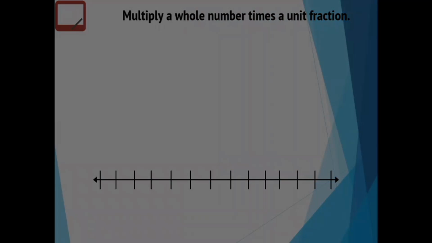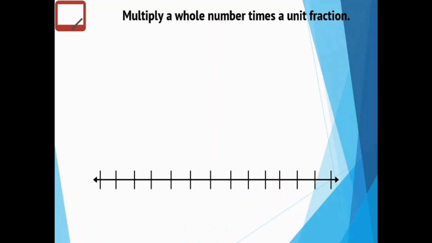Well, let's get started looking at how this works with fractions. So instead of doing 6 times 2, now I'm going to do 6 times 1 half. Okay? So another way you could write this is as a repeated addition sentence. We have 1 half plus 1 half plus 1 half plus 1 half plus 1 half plus 1 half.